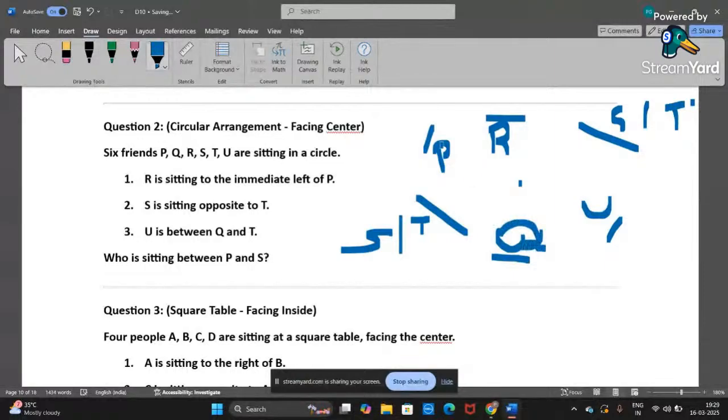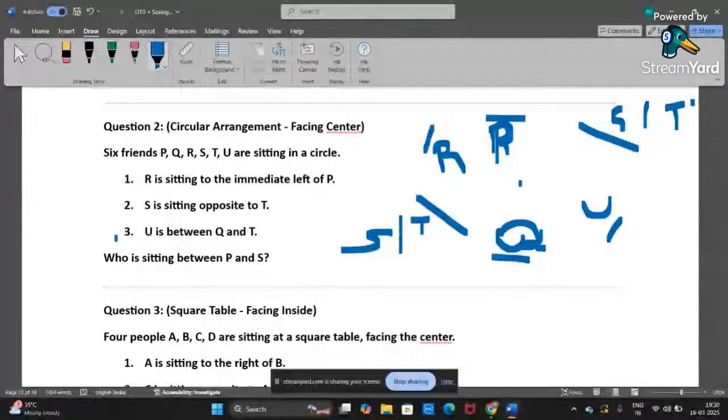See, R is sitting immediate left to P. Immediate left means P is here, R is here, because they're facing towards center. And S is sitting opposite to T, so these two are like this.